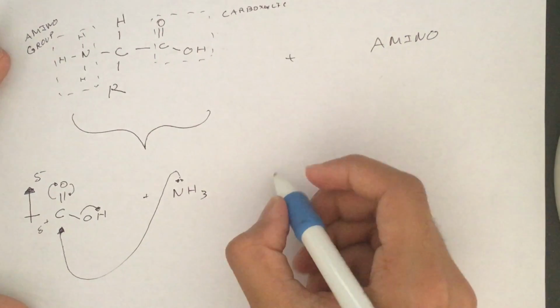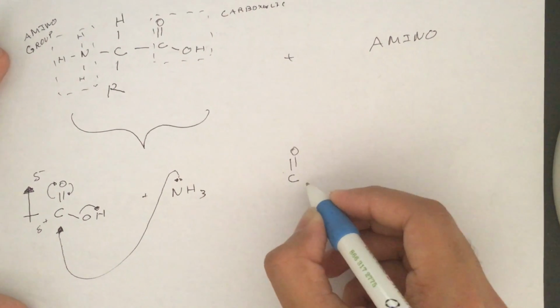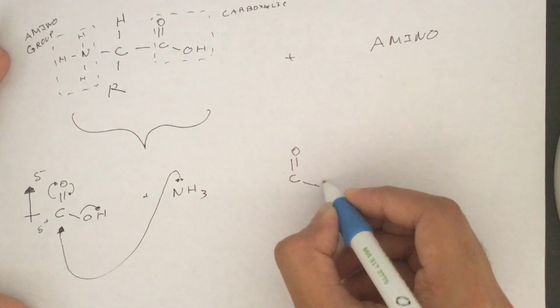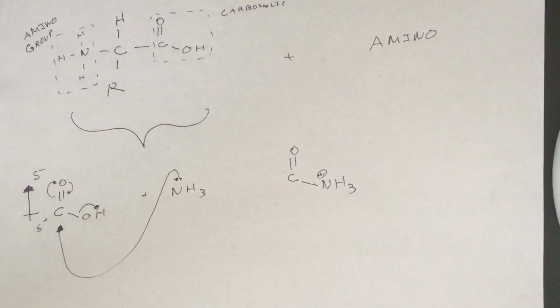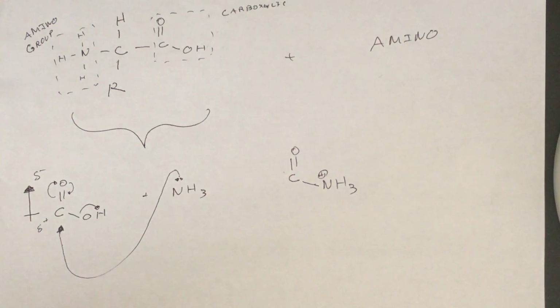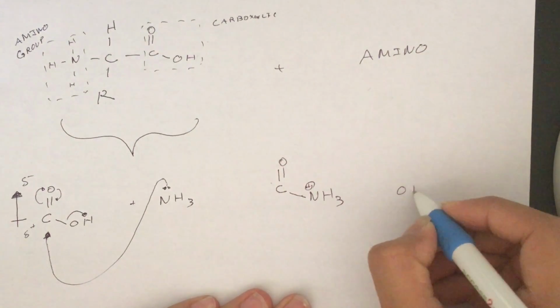So what you have here is NH3, but there will be a positive sign because you added something, and in order to get rid of that positive sign, this hydroxyl group that you just released will come in.